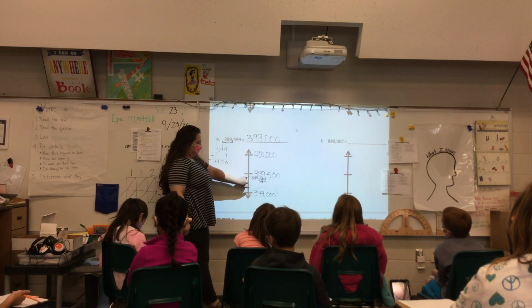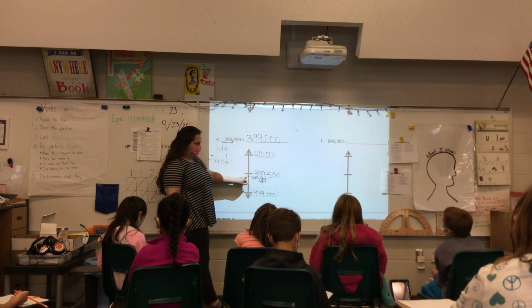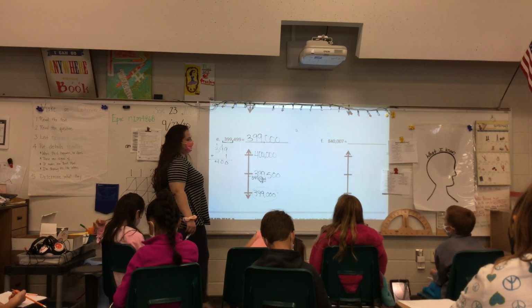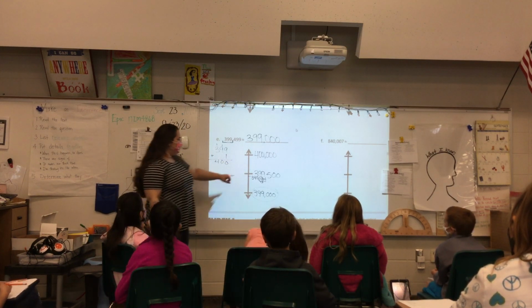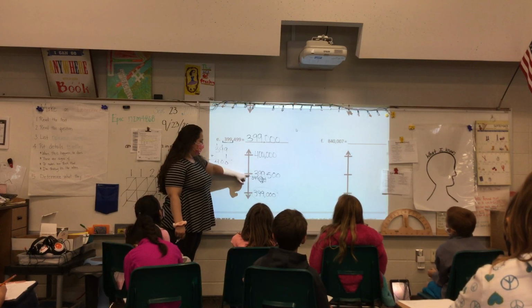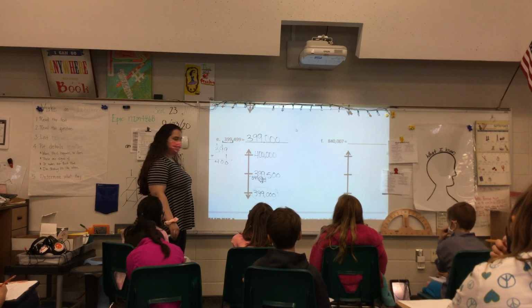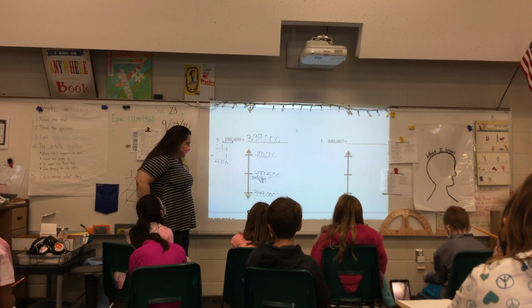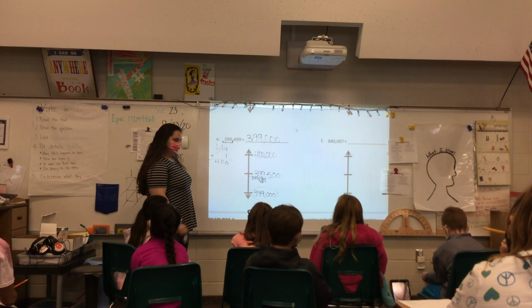But this one is just below our midpoint, so it's closer to the bottom, and if it's below our midpoint, we're going down. Yep, if it's our midpoint or above, we go up, and if it's below the midpoint, we go down. So when we round 5,700 to the nearest 1,000, we go to 6,000.